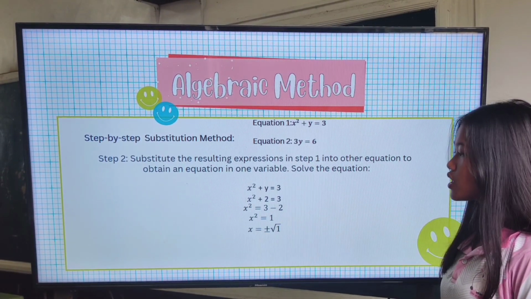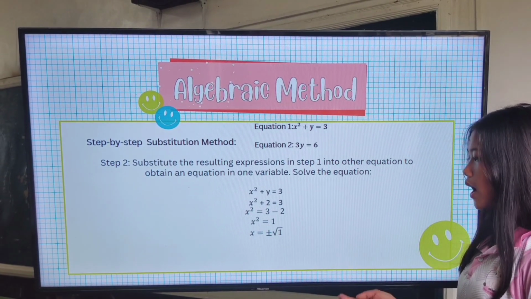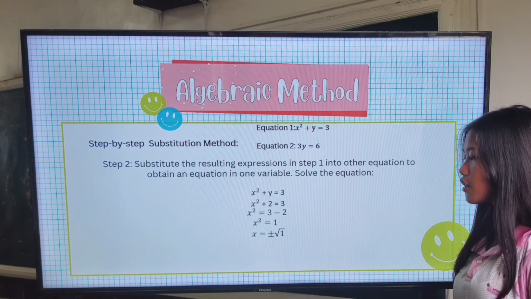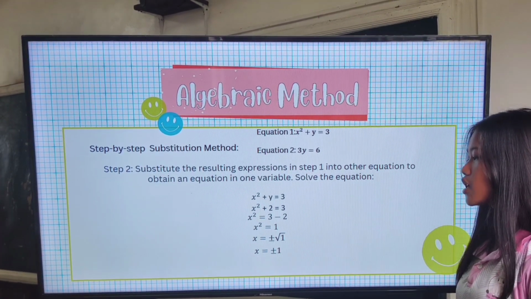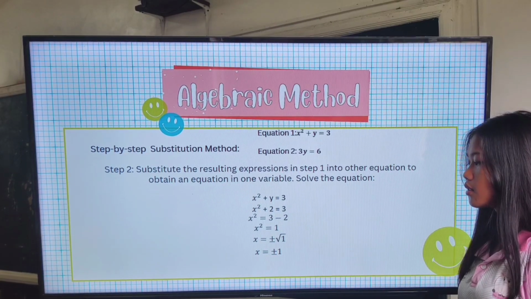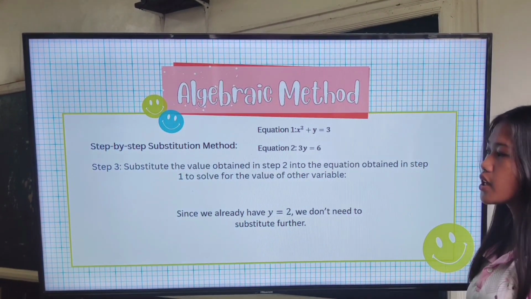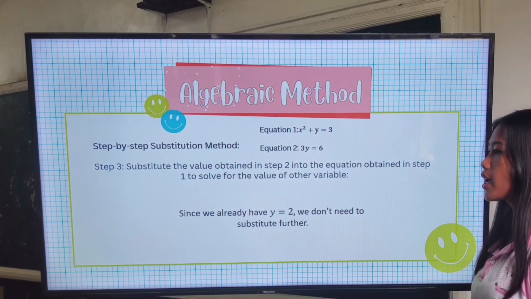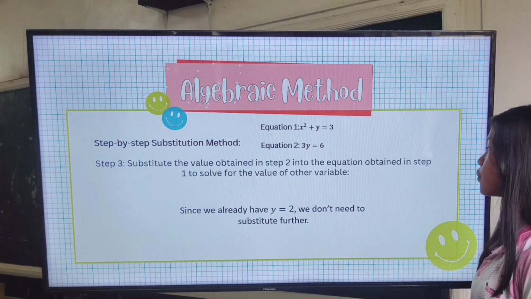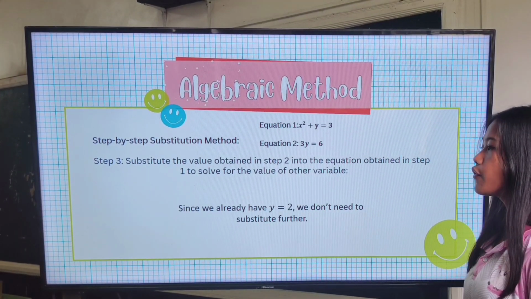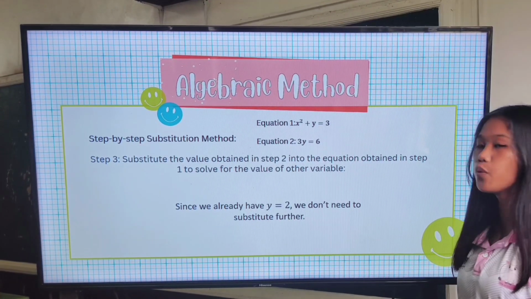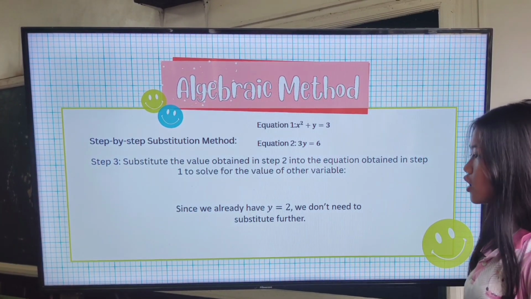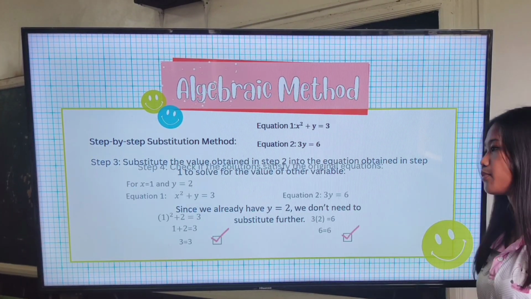Then we take the square root of both sides. x equals plus or minus the square root of 1. x equals plus or minus 1. Step 3. Substitute the value obtained in step 2 into the equation obtained in step 1 to solve for the value of the other variable. Since we already have y equals 2, we don't need to substitute further.